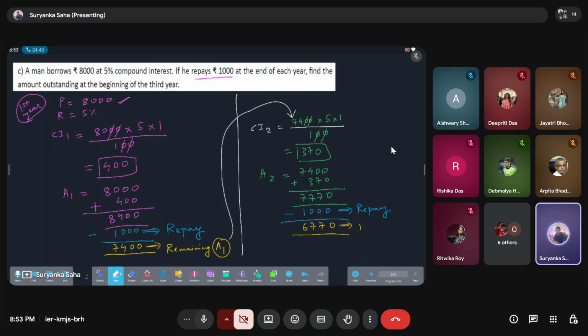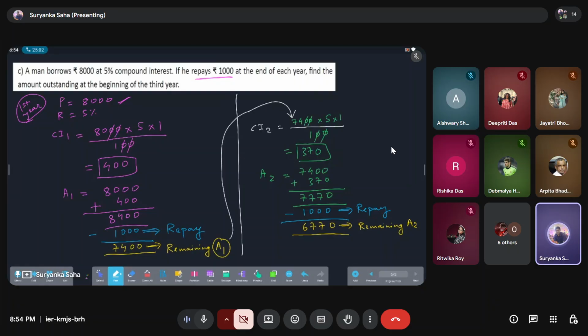That is the remaining A2. The remaining A2 becomes the amount outstanding at the beginning of the third year, because at the beginning of the third year, no interest calculation and no repay should be done. In the beginning, there is only the principal.